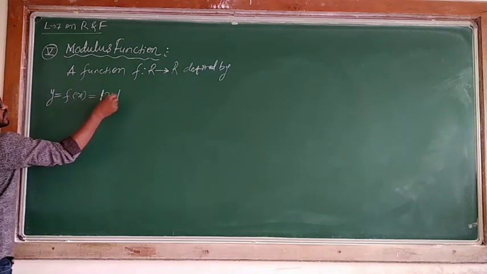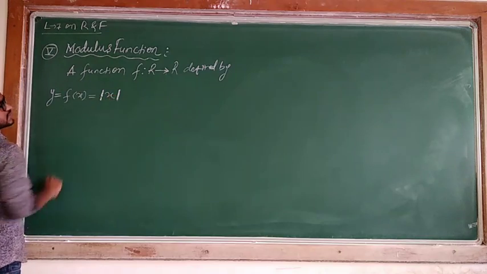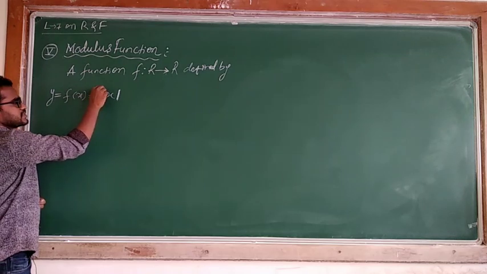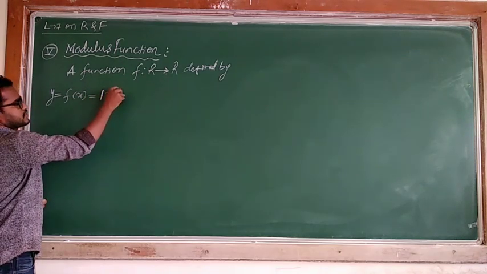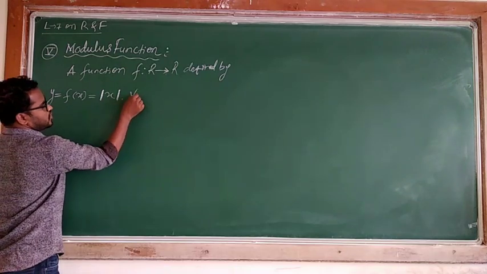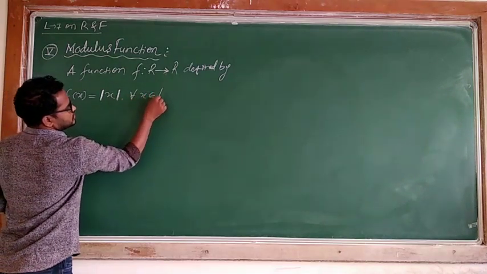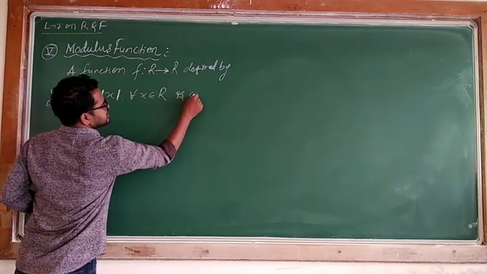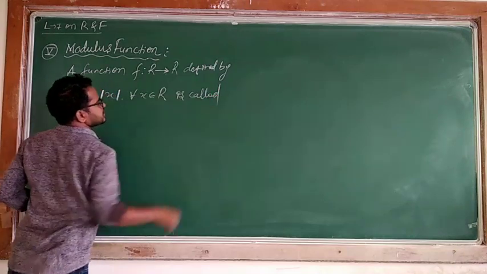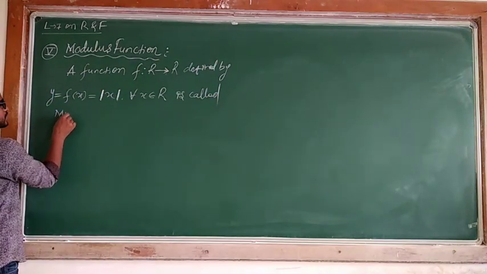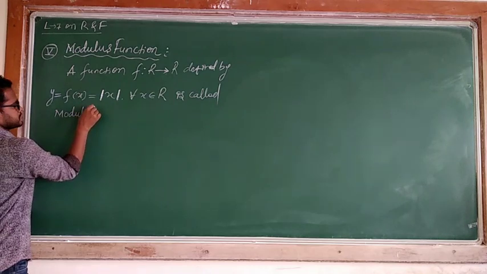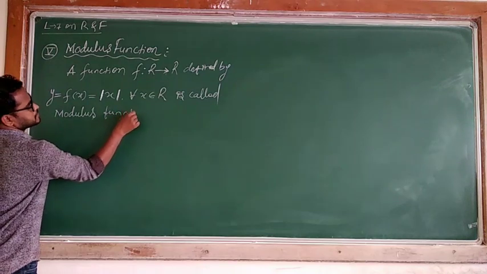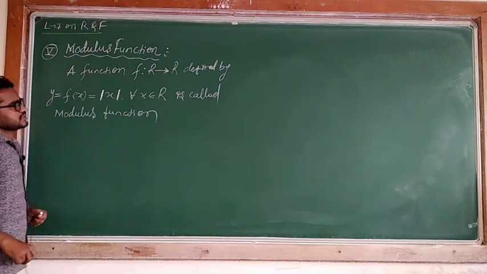Understand this symbol, modulus of x. When we write x in between two lines, we say it is modulus of x, for all x belonging to real numbers, and it is called the modulus function.